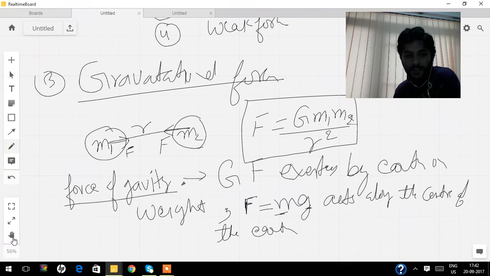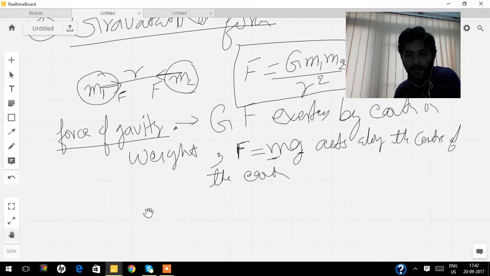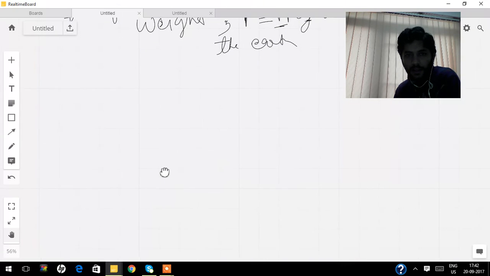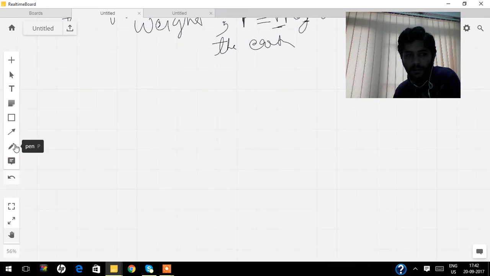So it always acts along the center of the earth. Let us suppose we have our earth somewhat like this. Let us draw the earth.